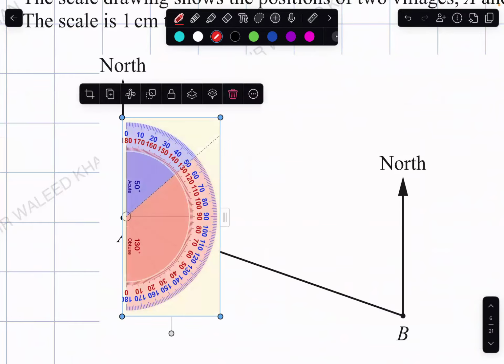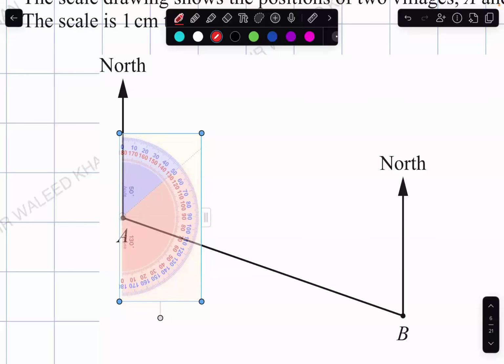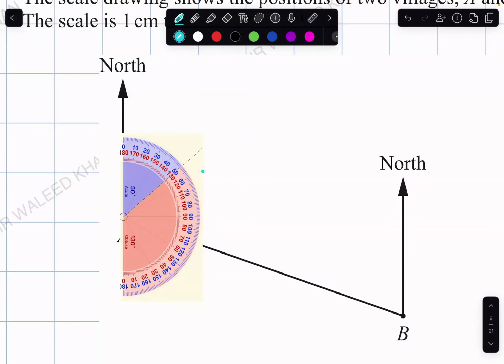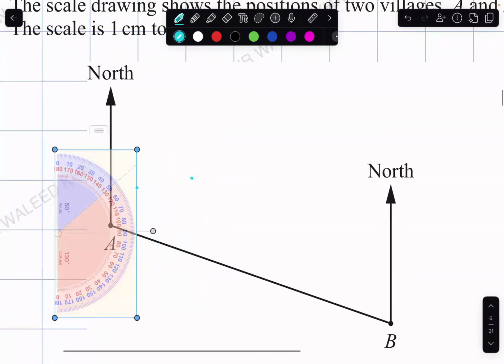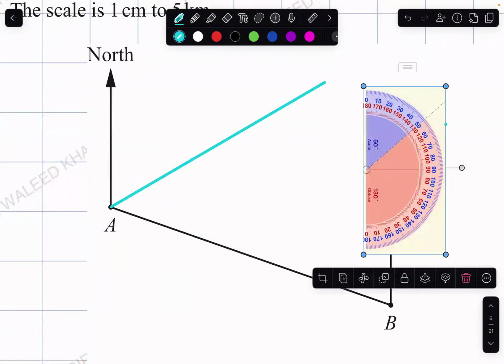So I have aligned the center of it with A and the 0 with the north, right? So as you can see, 60 is over here. So I can just draw a line like this in this direction. Just mark a point and use a ruler to draw it like this. Okay. This is 60.